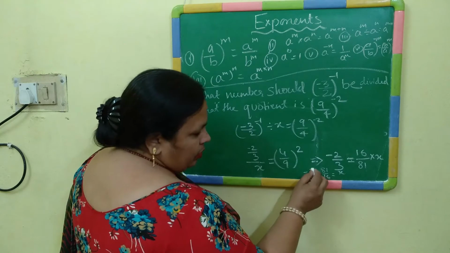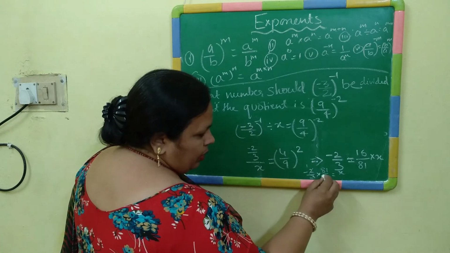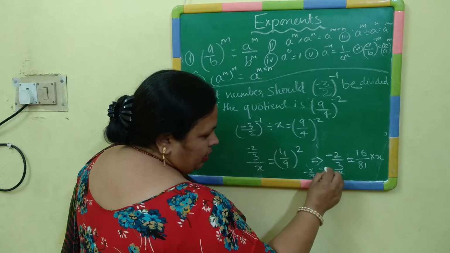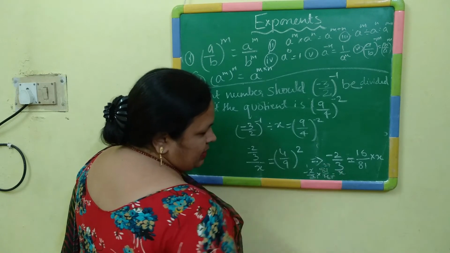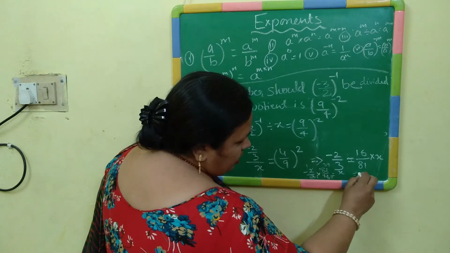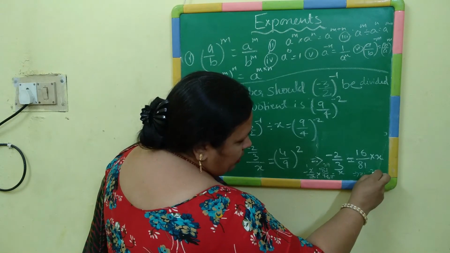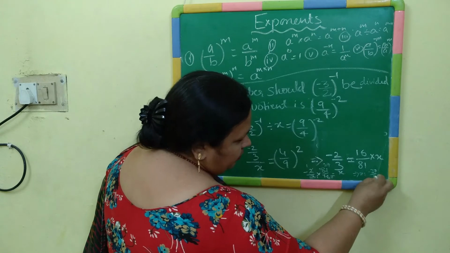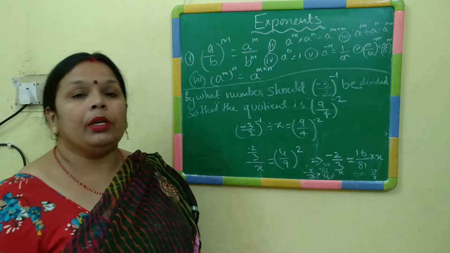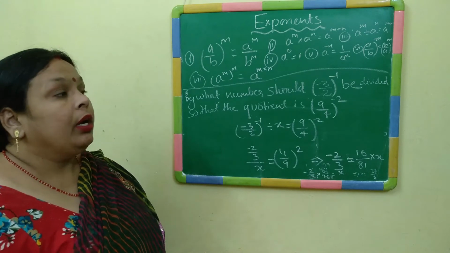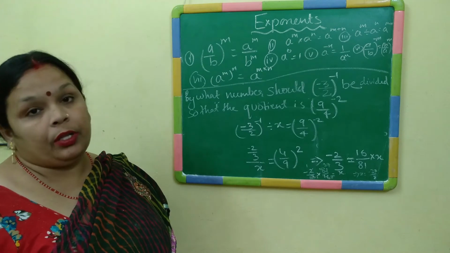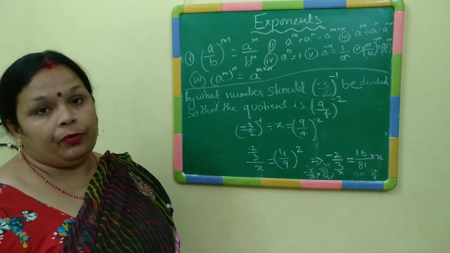On further cancellation, this is 1, this is 8, 3 1s are 3, 27, and we will get the answer to be x is equal to minus 27 by 8. So we have seen an example where a given number in exponential form is divided to get the quotient, or multiplied to get the answer, to find the value of x.